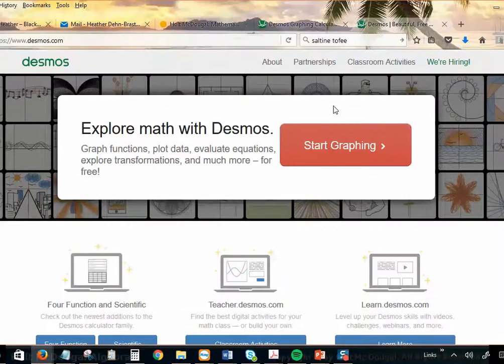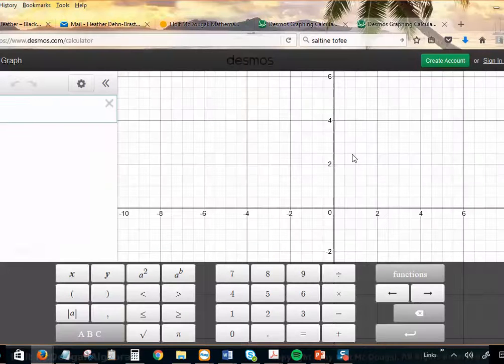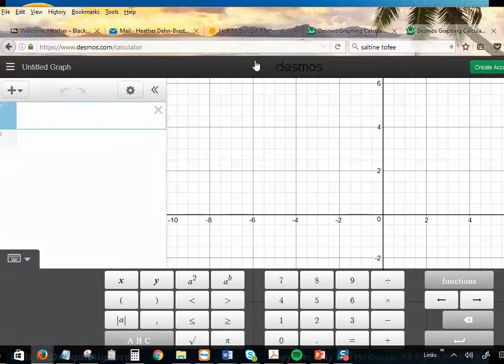Desmos works better than Sketchpad for this type of graph, an inequality, because it can handle the shaded or not shaded, or I mean dashed or not dashed, and it also does the shading for us.